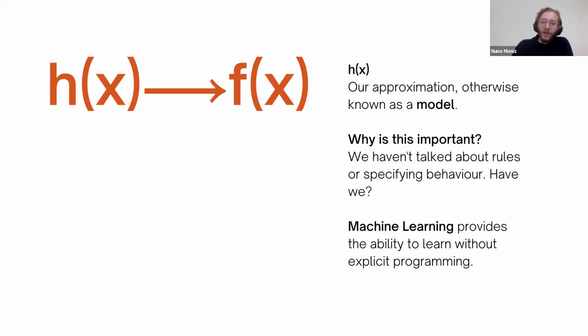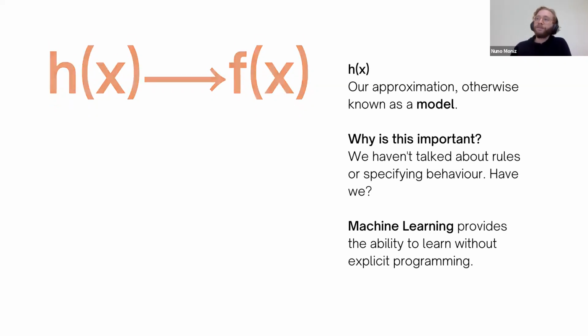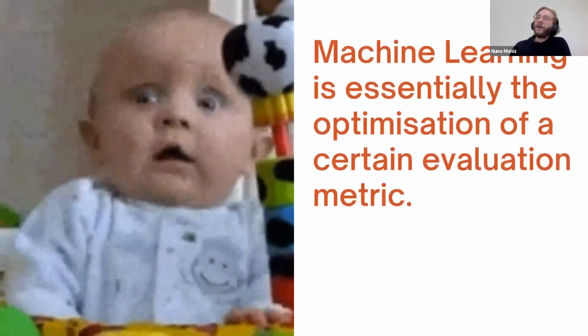With machine learning, what we get is the ability to learn without explicit programming. So what usually happens is we withdraw rules from data that we'll use to predict or to analyze the future data or unknown data.